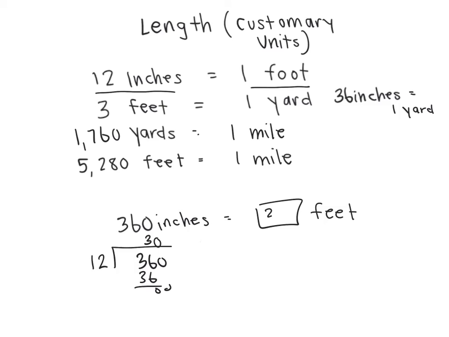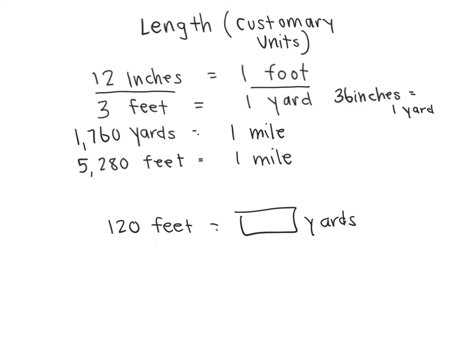And that would be 30. And if we want to make sure, we can just do 30 times 12 to make sure that we're right. Hide the 0. 12 times 3 is 36. That would be 360.